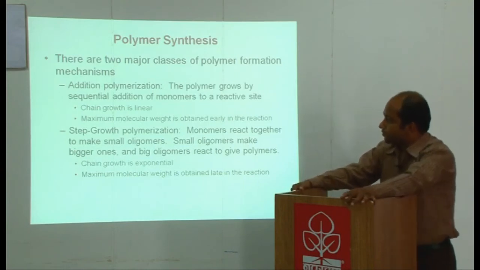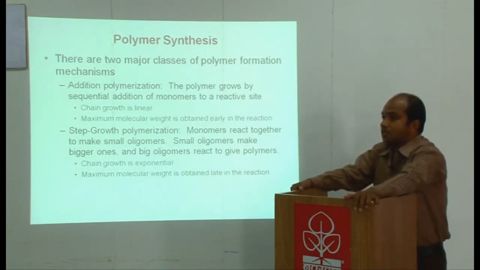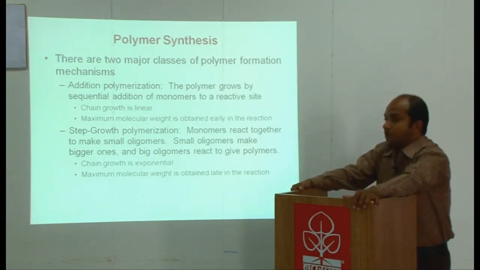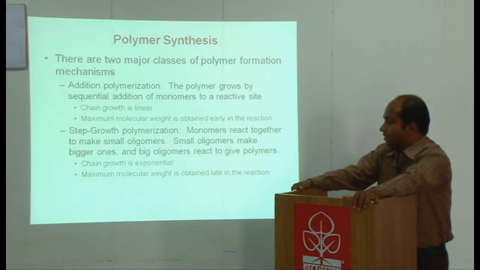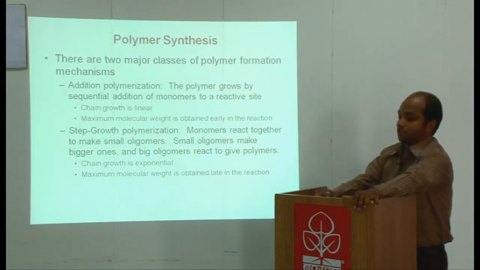Whereas in case of step growth polymerization, the chain growth can be exponential, it can be manifold. Moreover, the maximum molecular weight can be obtained only at the later stages of the reaction.